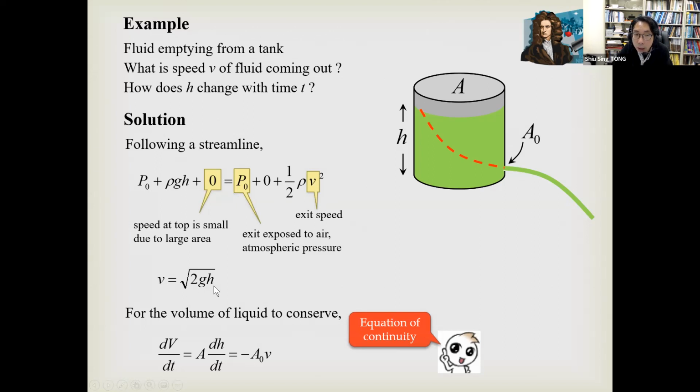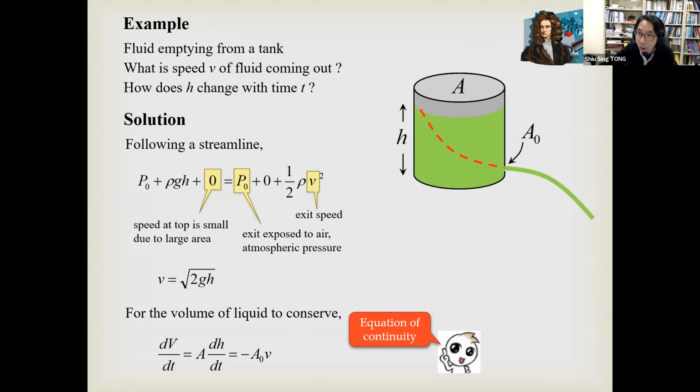Now you can see that this expression is identical to the expression you learned in high school. When a body falls from rest by a height of h, it acquires a speed equal to the square root of 2gh. That can be derived from the conservation of energy, right?